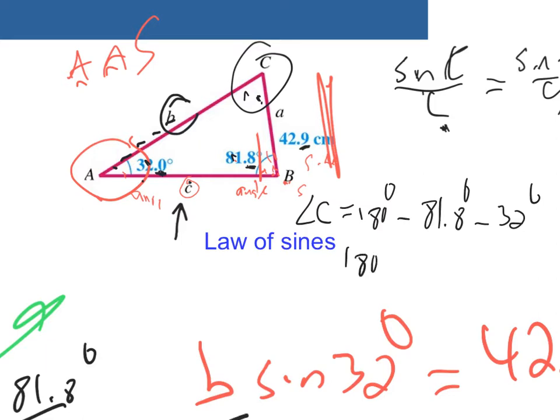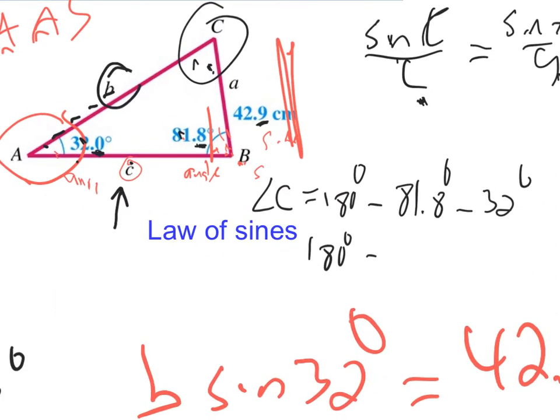So that's 180 degrees minus, because we got to find every part. So 80, 90, 100, 110, 111. I better do that again. 80, 90, 100, 110, 113.8.